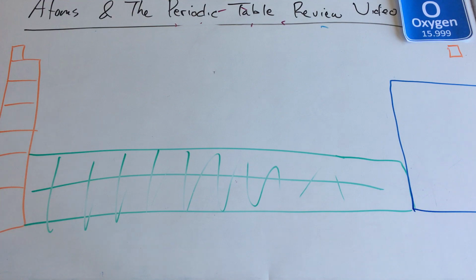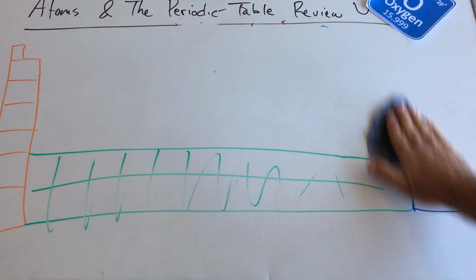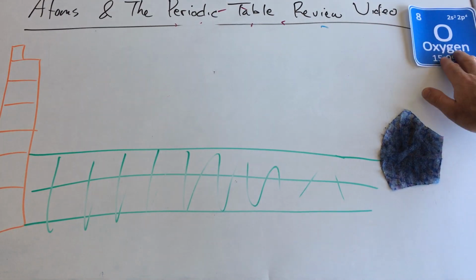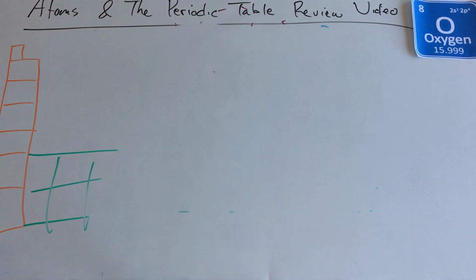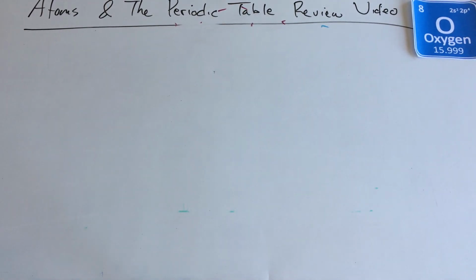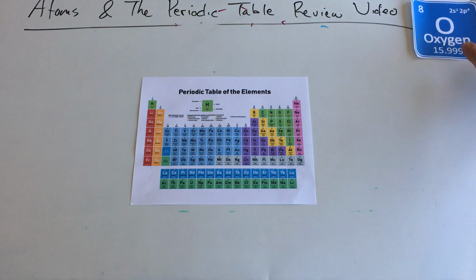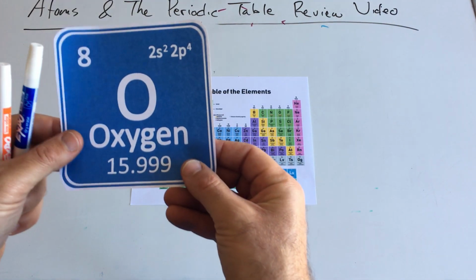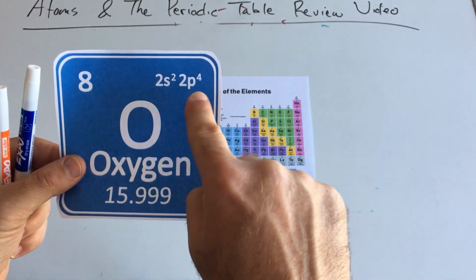Again, not super critical to know at the high school level, but helpful to know down the road. So I might as well just keep introducing it here. Okay, well, we are getting there. Oh, by the way, this tells you the orbitals.